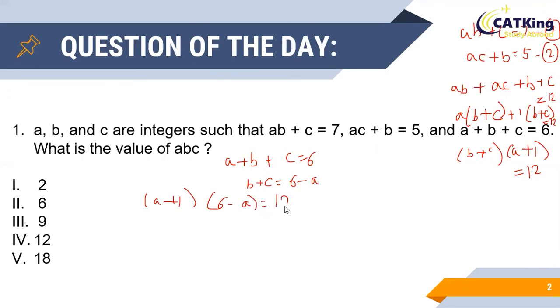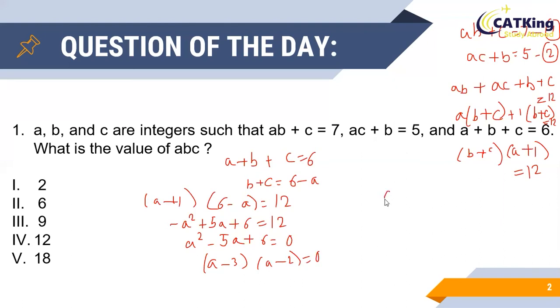On expanding, we see that minus a square plus 5a plus 6 is equal to 12. On further simplifying, we find a square minus 5a plus 6 is equal to 0. On factorizing, we obtain (a minus 3) into (a minus 2) is equal to 0. Hence, a can take values either 3 or 2.